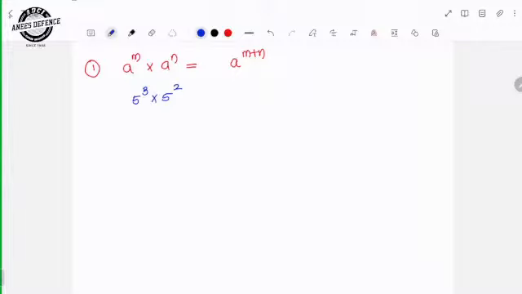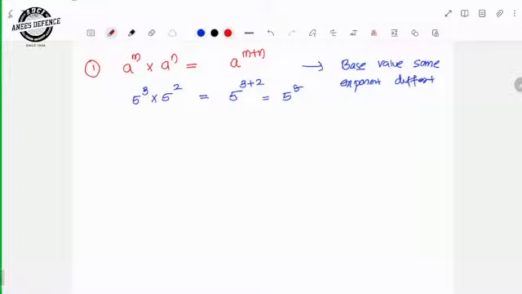Here you can observe that the base value is the same and the exponent is different. So a raised to m into a raised to n gives a raised to m plus n. So 5 raised to 3 into 5 raised to 2 can be written as 5 raised to 3 plus 2, equal to 5 raised to 5.